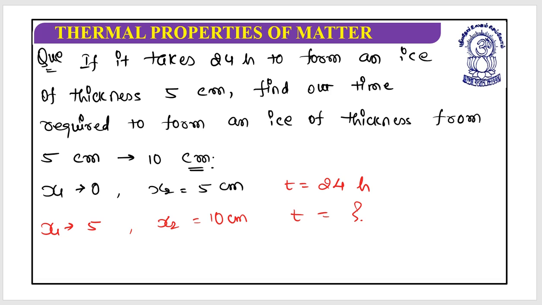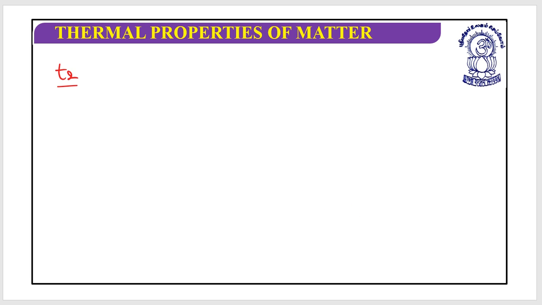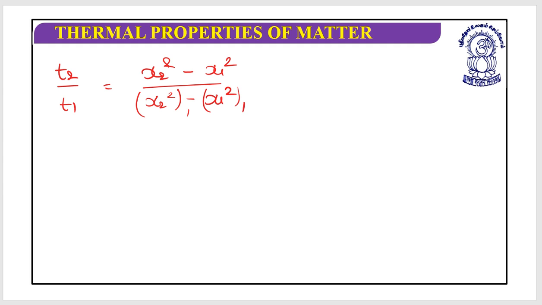I hope this is clear. So let's call this case 1 and this case 2, and I should write t2 by t1 equals x2 square minus x1 square for the second situation, divided by x2 square minus x1 square for the first situation.